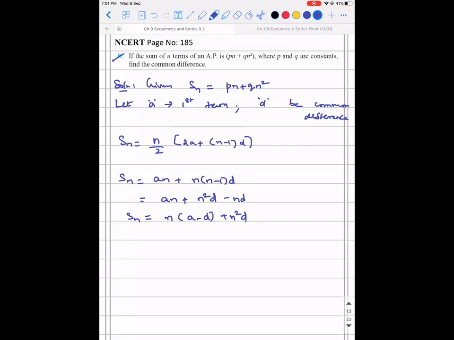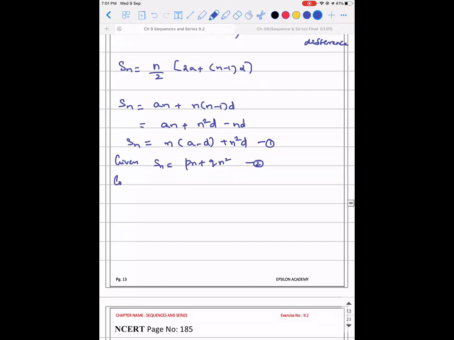So they have given the sum of the n terms is Pn plus Qn square. So given Sn is equal to Pn plus Qn square, let this be 2. Comparing 1 and 2, what do we get? So here I will write it like this.